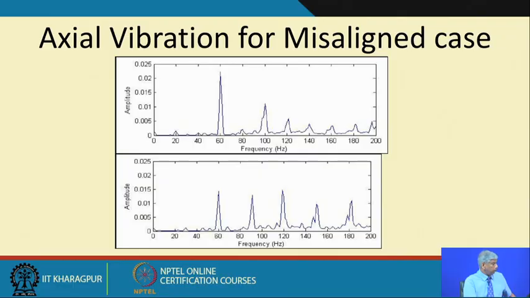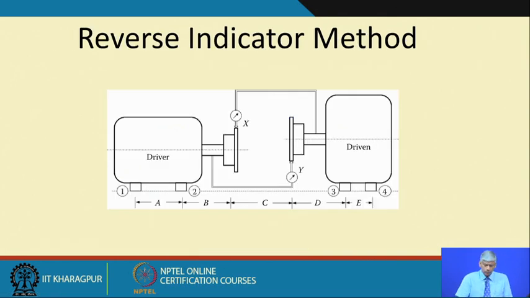So, the best way is to look into the case vibration for the case of a misalignment. This was a shaft which was rotating, and then I can see a very strong 2x component here, okay, and this is one axial vibration for the misalignment case.